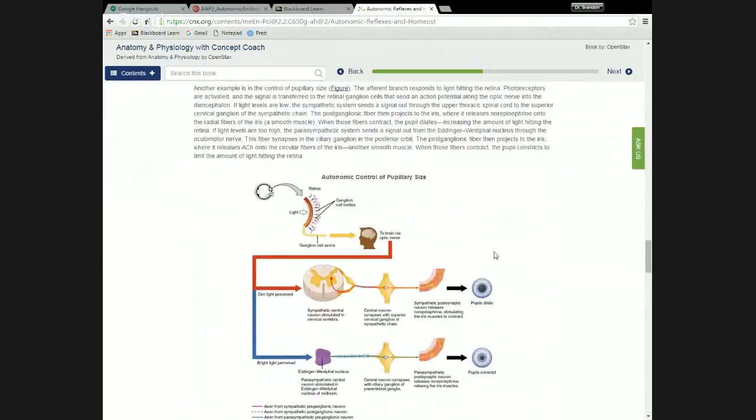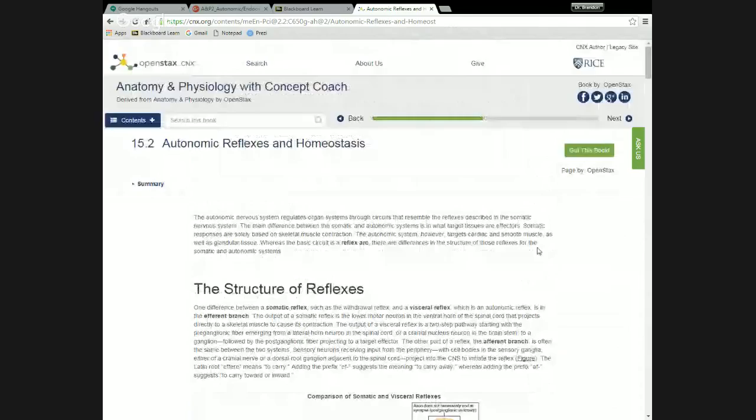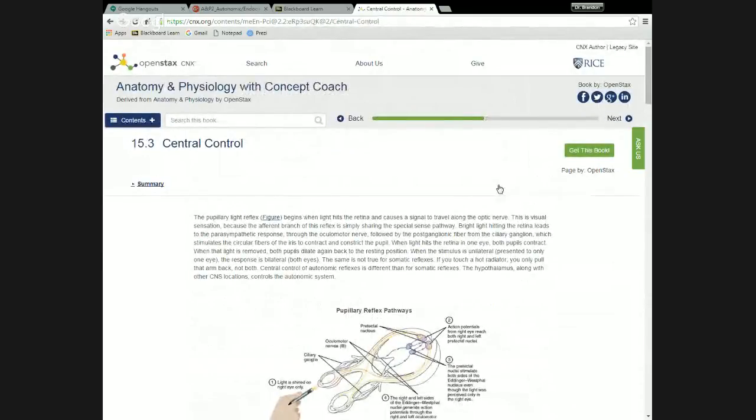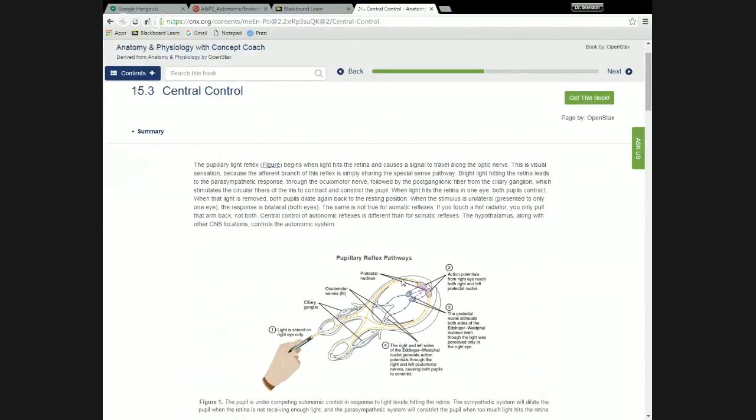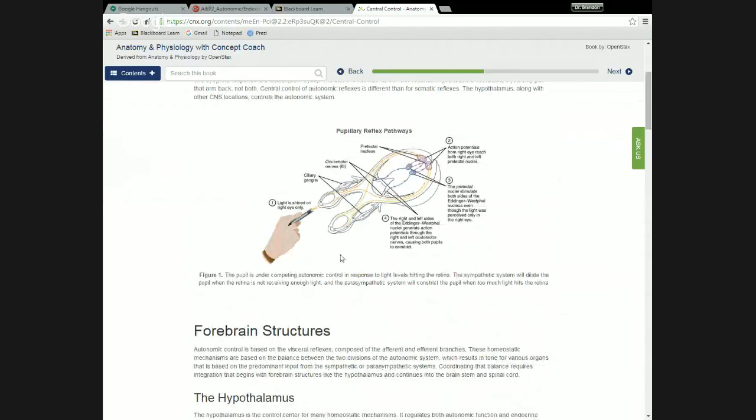An example of controlling pupillary size. And then moving on from the example of the pupillary size, this is a bit more anatomically correct as to the players in the pupillary light reflex. That's covered at the end of the previous section of the chapter.